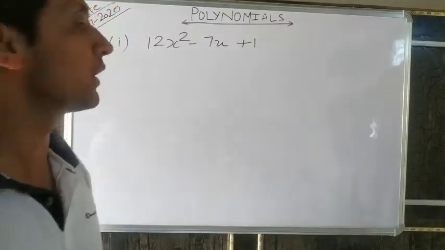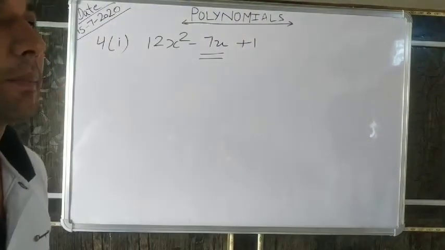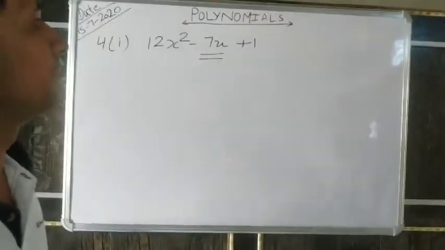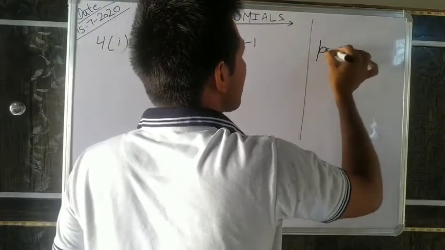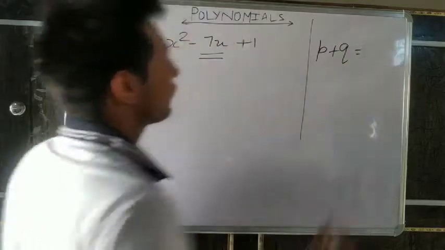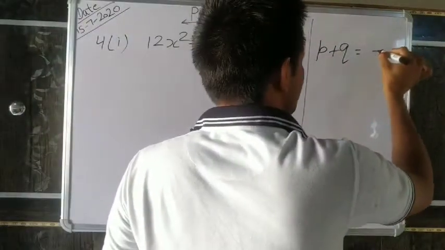After this, we will split the middle term into two numbers, say P plus Q. The sum of the two numbers is the middle number, which is minus 7.